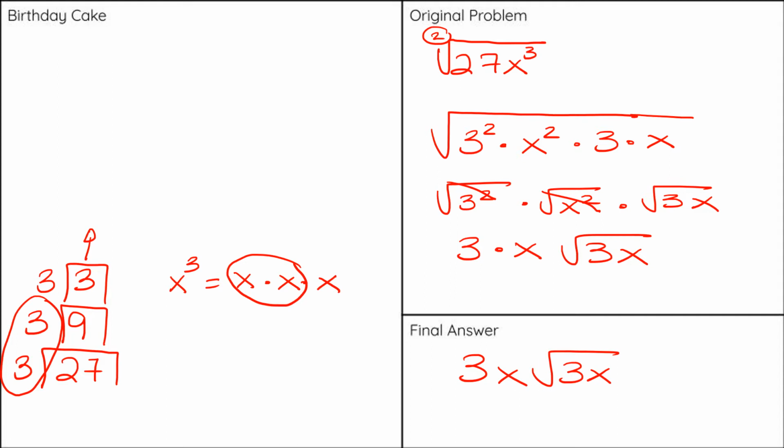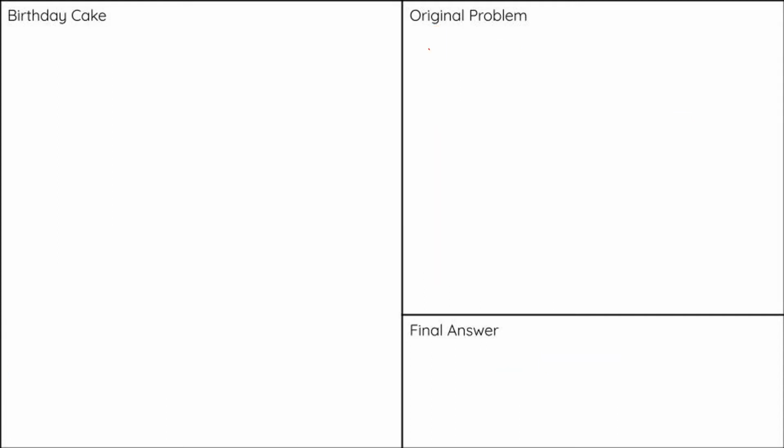All right, let's try one more. This time we're going to do, let's do the square root of 42x squared. So we do 42 in our birthday cake.